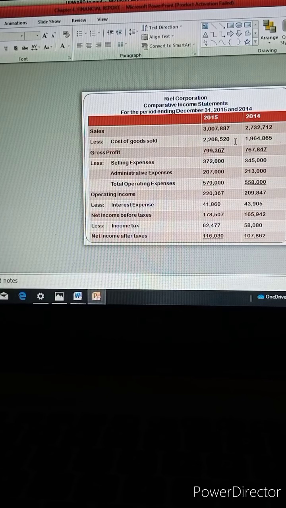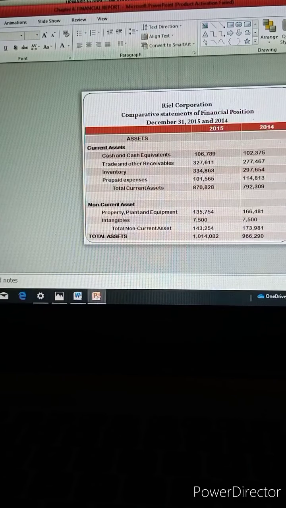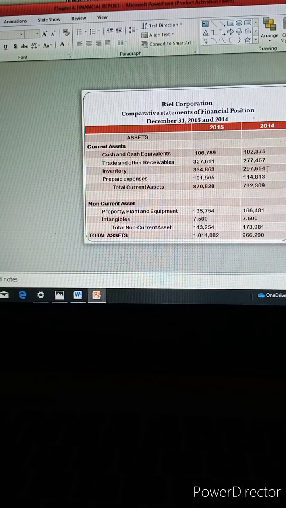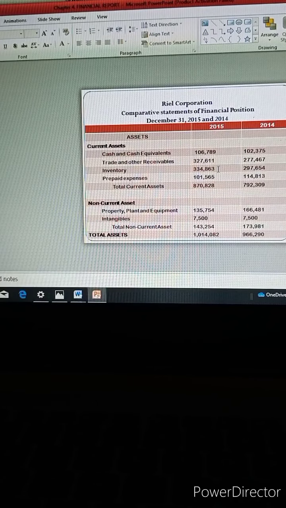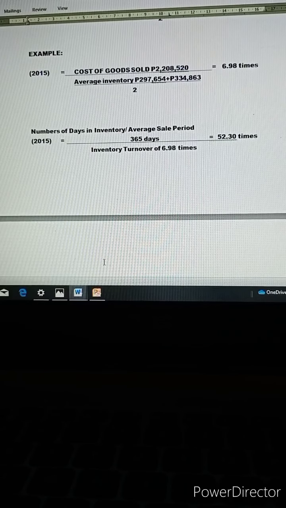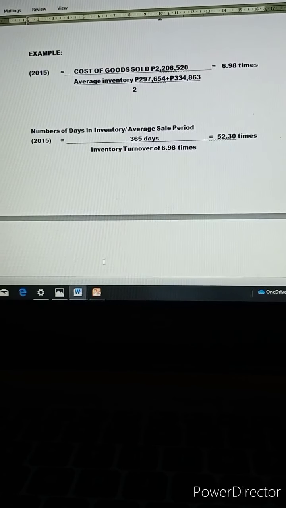It was given already, but actually it has a computation before you arrive at this amount. And then for the average inventory, the 2 years will be involved here, the 2014 inventory as well as the 2015 inventory. So it is where we get the figures. So the result here is 6.98 times.